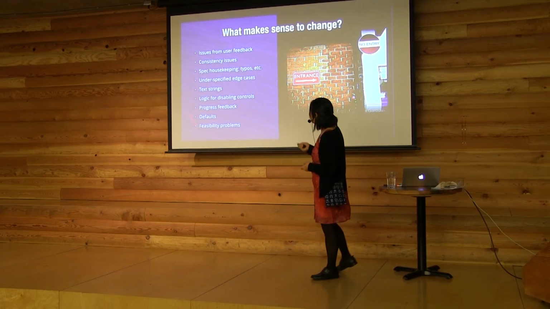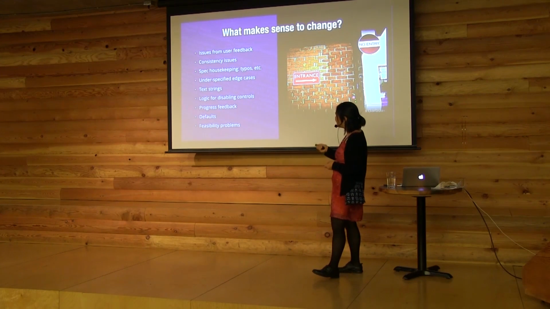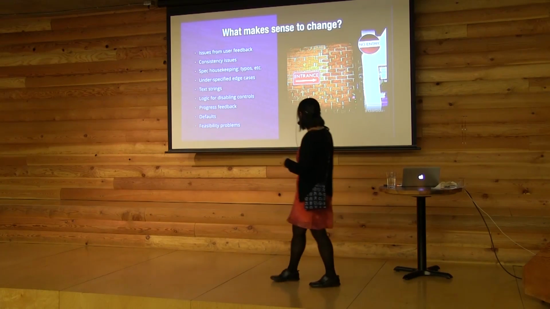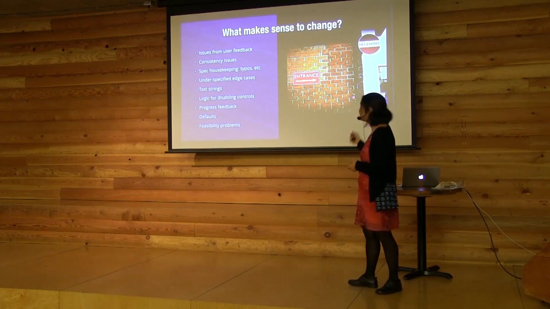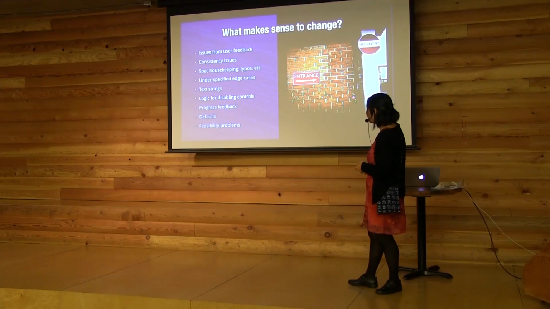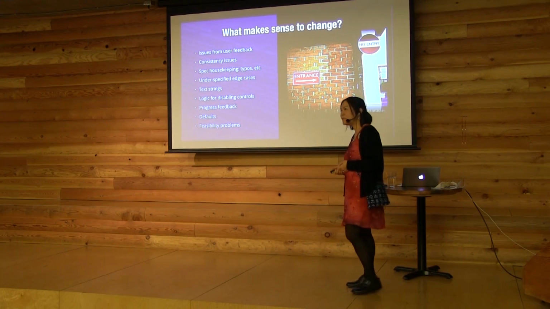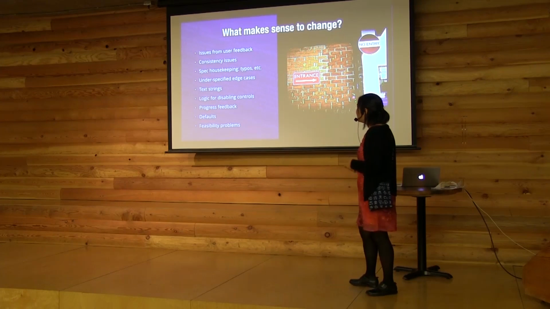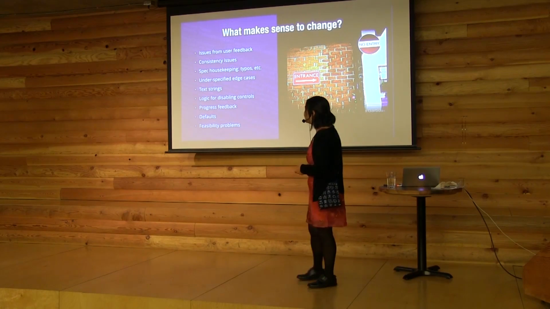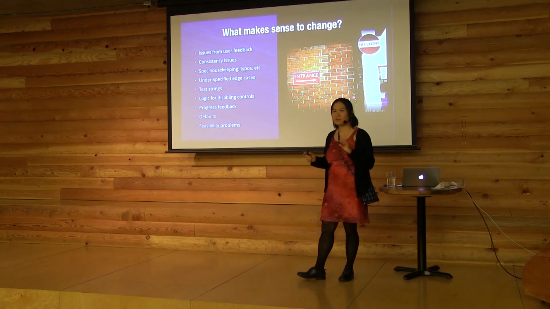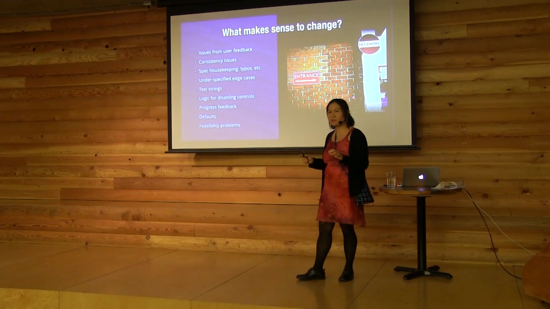So consistency issues, places where you've got one sign saying one thing and another part of the product saying do something else. Consistency is really hard. In the film industry, you've seen those cases where someone's wearing a green sweater, and then halfway through the scene they're wearing a white sweater.